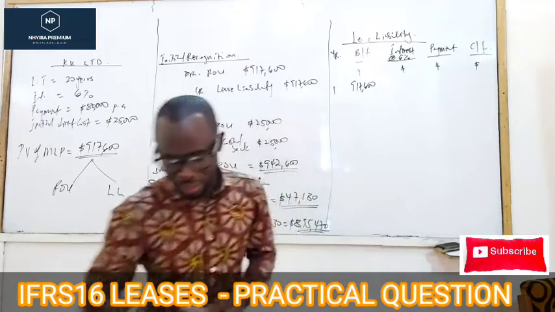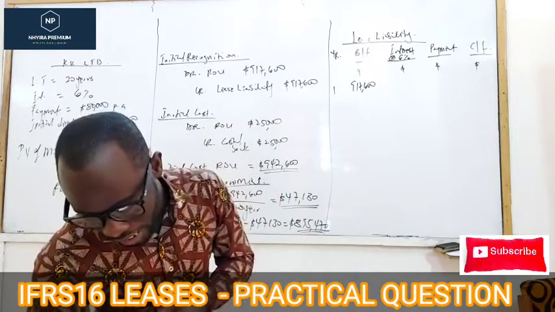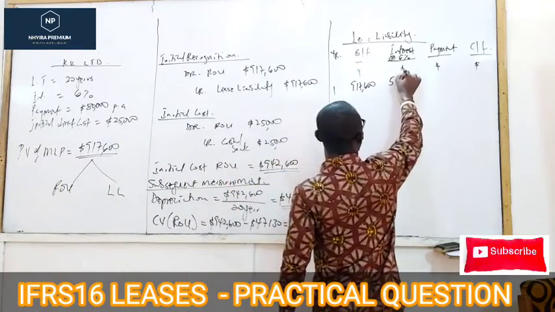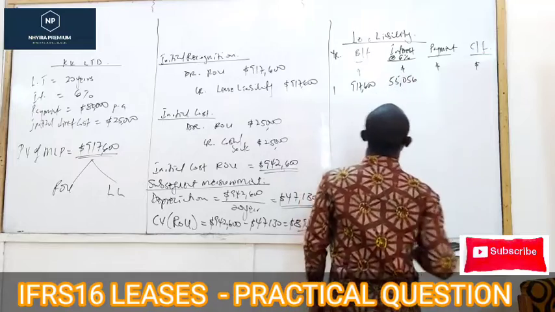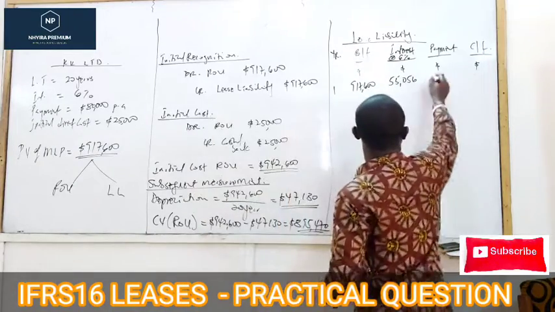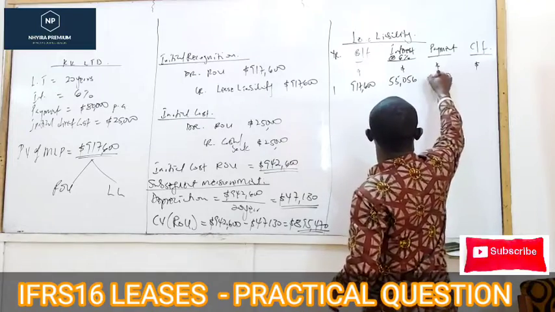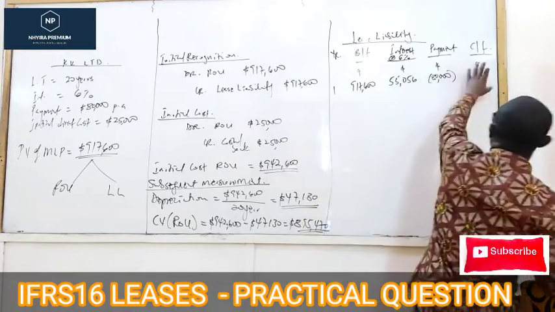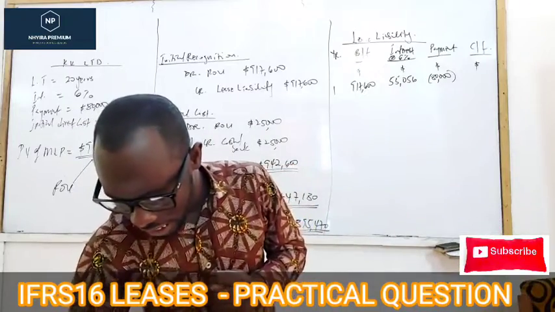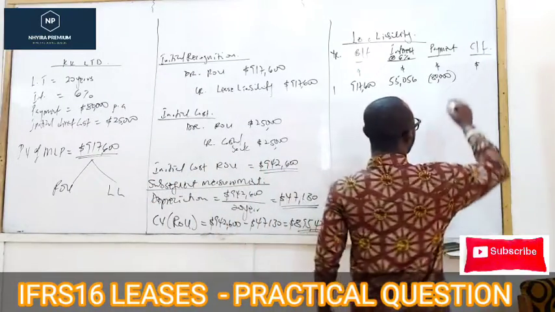So we take 6% of that, and that should give us 55,056. Then our annual payments that we are making is $80,000. So we do the arithmetic to get a carry forward value, and that is 892,656.